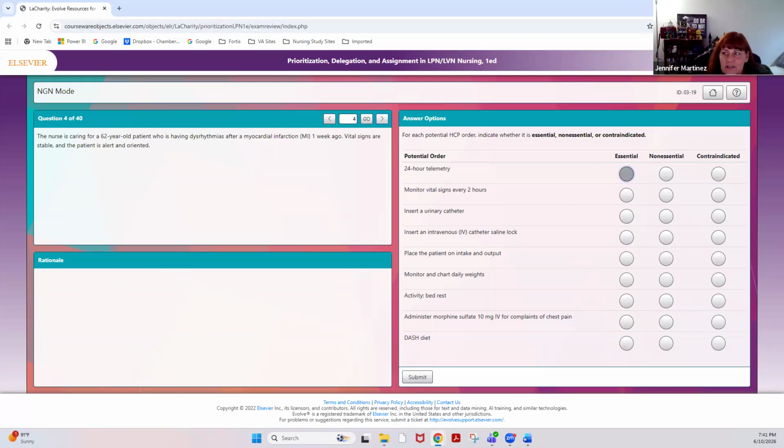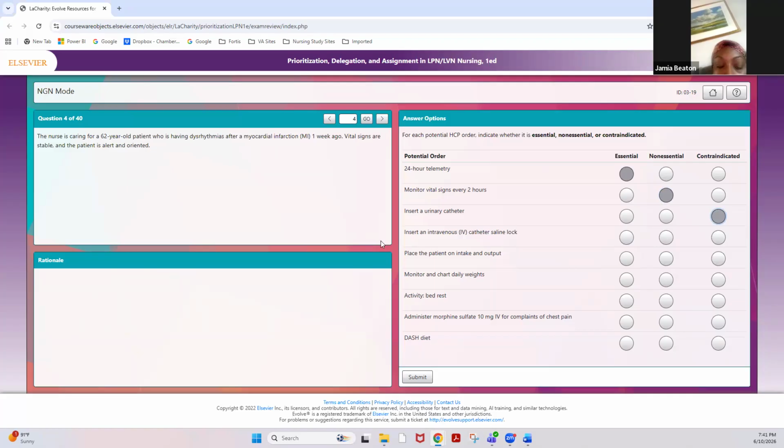Monitor vital signs every 2 hours. Essential. Everybody say essential. I would say non-essential. Yeah, non-essential. All right. Insert a urinary catheter. Essential. Non-essential? I say non.